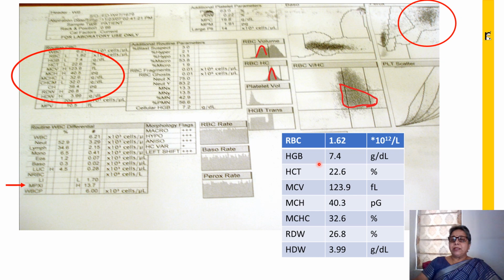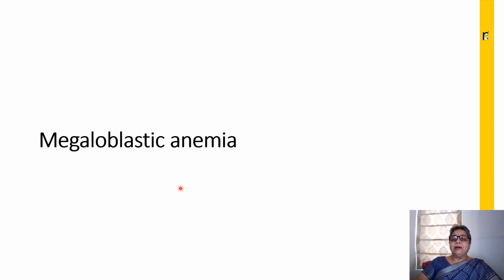This will give us a probable diagnosis of macrocytic anemia due to vitamin B12 deficiency, or megaloblastic anemia. So these are pointers which, if we apply when we are looking at the scatter, we will be able to come to a diagnosis. So this is a classic picture of megaloblastic anemia.